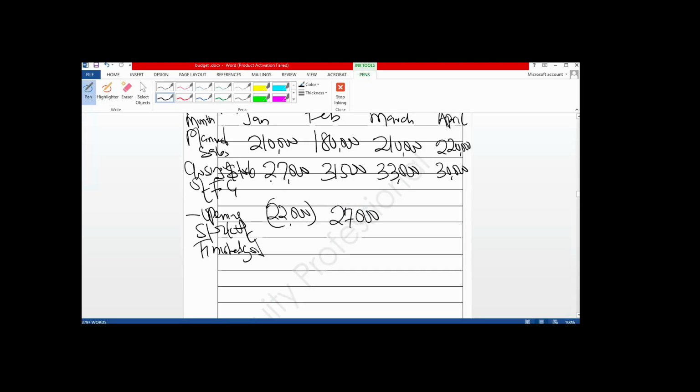In January, our closing stock is 27,000. It was closing for January ending, it becomes opening for February. February closing stock becomes March opening stock, 31,500. Then for April, March closing stock becomes opening stock for April.